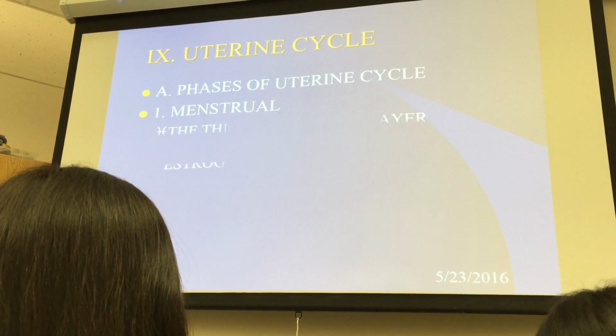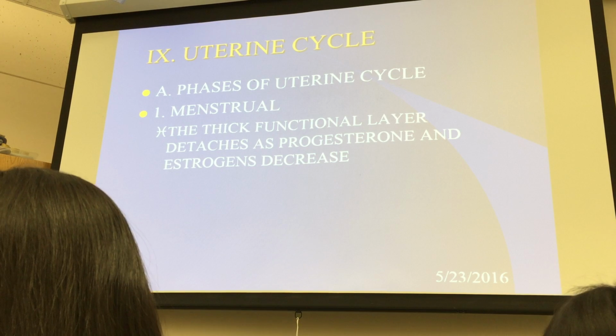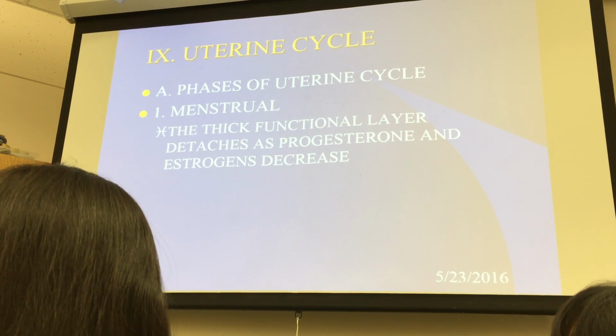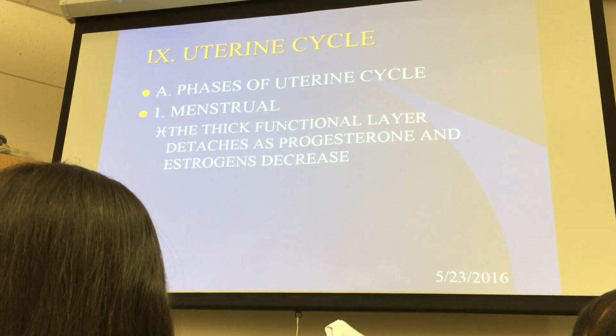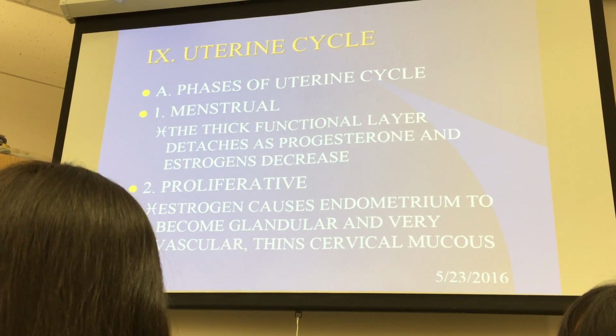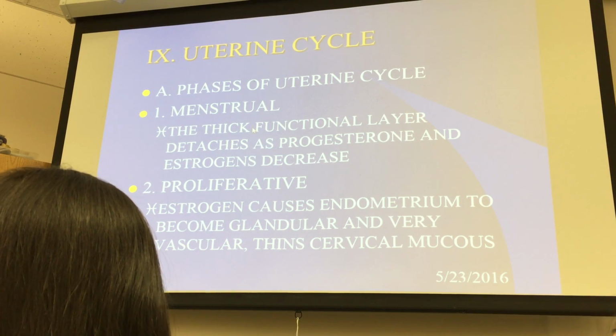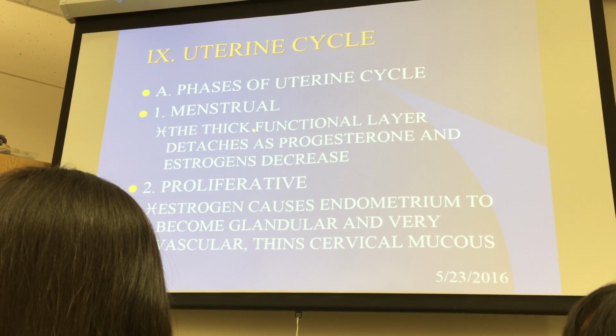Uterine cycle then, can you follow this? What's going on in the ovary? What's going on in the uterus? There is correlation. Menstrual, proliferative phase. Menstrual, somebody give me some days of this cycle.